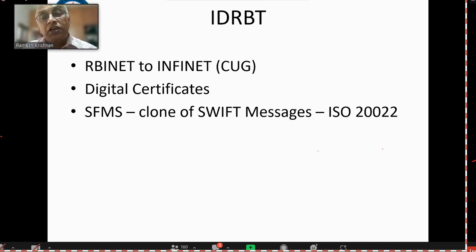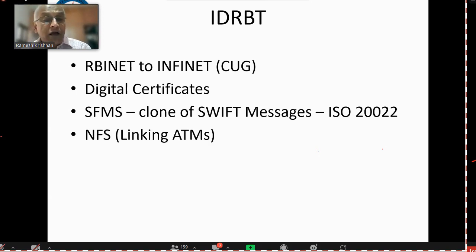Who is the beneficiary will be mentioned not at the end, but in some specific field. And there is no love letter in this messaging. There is no "I love you, how are you" and things like that. That is all different. You send a 999 unstructured message in SWIFT, that is a love letter, but not this kind of business messages. They follow ISO 20022 standards. And this National Financial Switch enabled or facilitated the linking of ATMs.